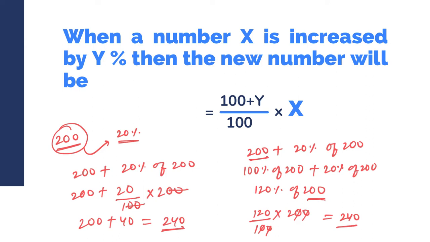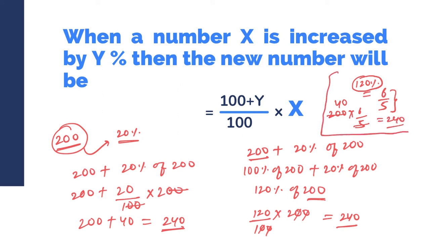Because we know that 120 percentage equals 6 by 5. So I need to calculate 120 percentage of the number, which is 6 by 5 in fractions, so 200 into 6 by 5. When I cut this, I get 40, and 40 multiplied by 6 equals 240. This is the fraction method.